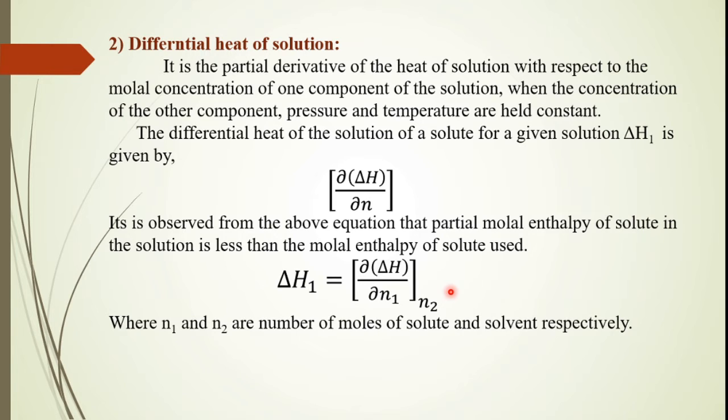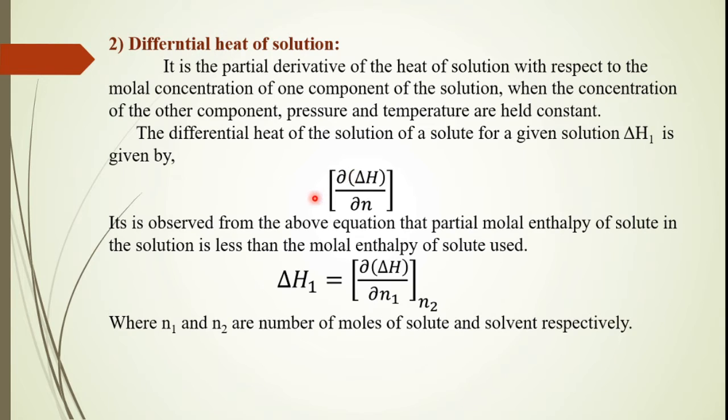So what you have to remember is the change in heat of solution with respect to the molar concentration of one component, that may be solute or that may be solvent. So now the differential heat of solution of a solute for a given solution, that is delta H1, is given by.